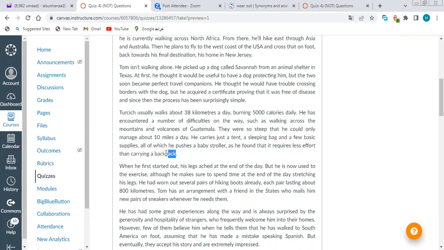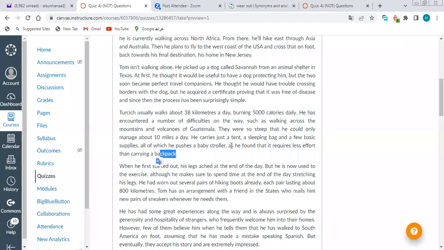I mean that he put everything in a baby stroller because it requires less effort. إن هي بتحتاج مجهود أقل مقارنة بإيه؟ بالباك. This means that he did not take a backpack with him. Backpack is already mentioned in the passage, but he didn't take it. لم يأخذها.